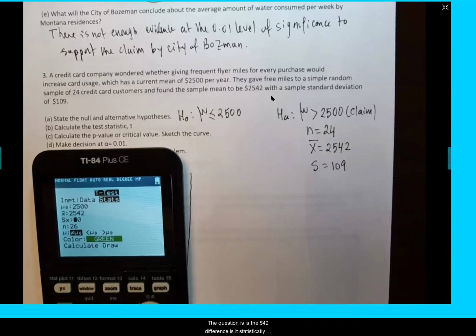The question is, is the $42 difference statistically significant or not? So we'll find out with the hypothesis test. S is 109, and N is 24. And which sign do I use? Greater than. It's always the alternative. And watch, calculate. So I got T is 1.888.